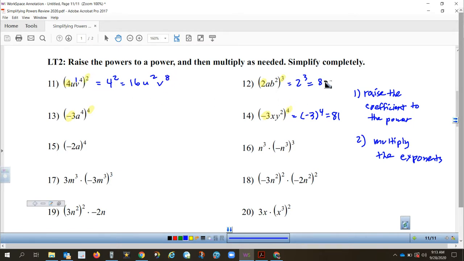On this one, I'm going to have a, again, this is a 1. 1 times 3 is 3, and b to the 2 times 3 is 6, right? On this one, I'm going to have x to the 4th power, and then I'm going to have y to the 8th power. All right?